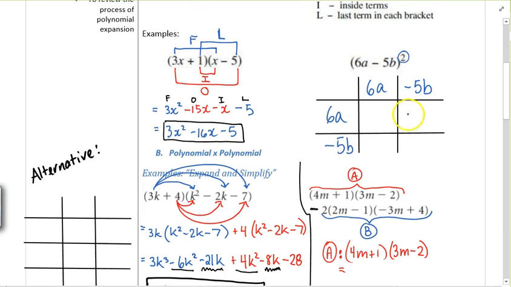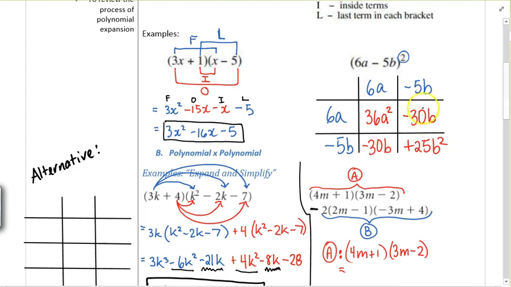Now in the middle bits here, we're going to just multiply everything together. So what's 6a times 6a? Obviously it's 36a squared. I'm just going to keep going and multiply all of these out. A negative and a negative is a positive, 25b squared.